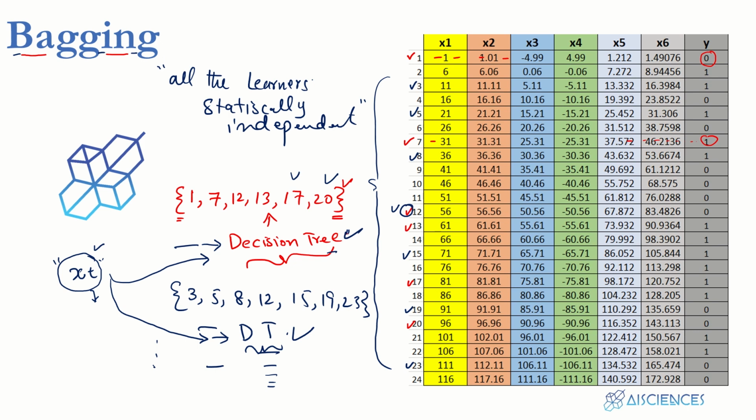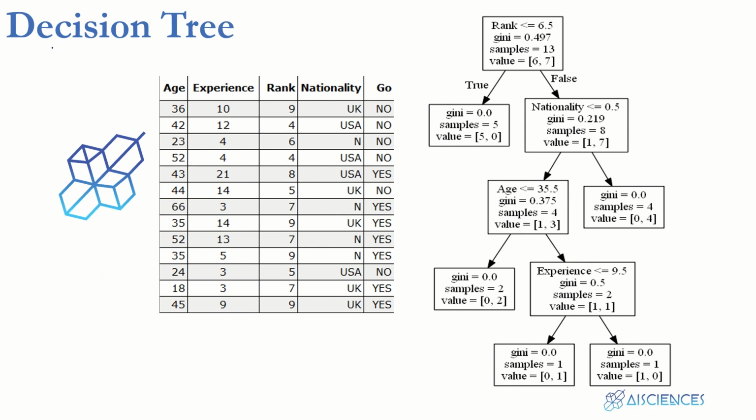In the literature, bagging is mostly used with different classifiers, but decision tree is reported the most. Most people pick decision tree as a base learner, and they build bagging on top of that. The way the decision tree works is as follows. For example, if this is the data that is given to you, by the way, please follow the link in the description to understand decision tree in detail.